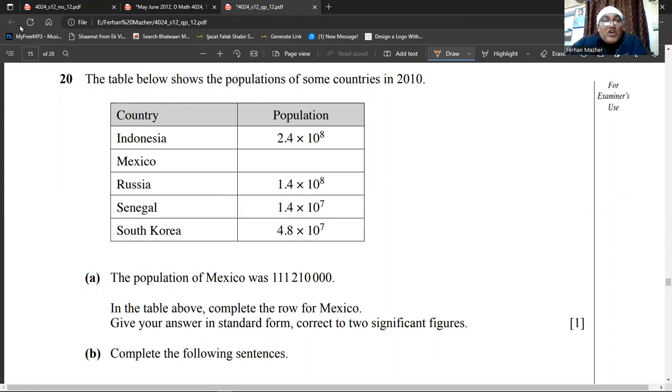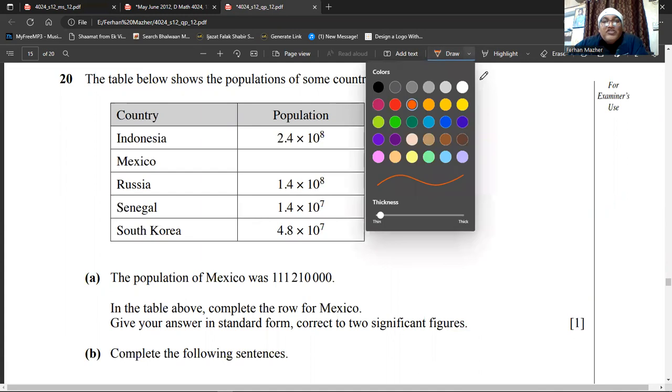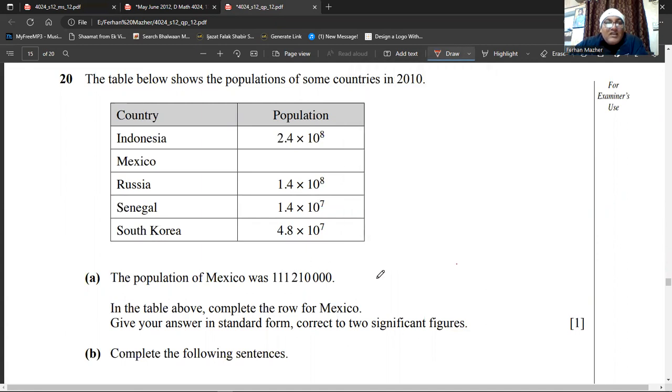The population of Mexico is given, that is 111210000. In the table above, complete the row for Mexico. Give your answer in standard form, correct to 2 significant figures.